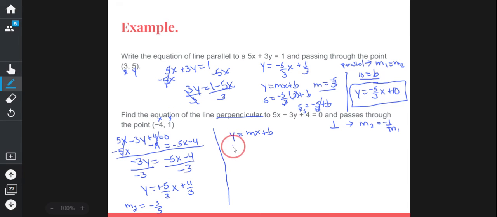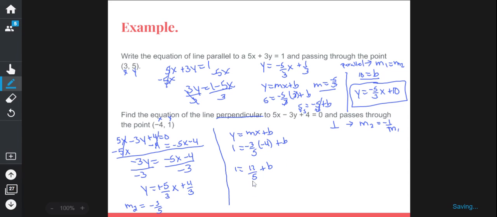So here my y is 1, so 1 is equal to negative 3/5 times negative 4 plus b. Doesn't work out so nicely this time, but it was a nice run. So here I'm going to get 1 equals, I'm going to just multiply my numerators, 12 over 5 plus b.